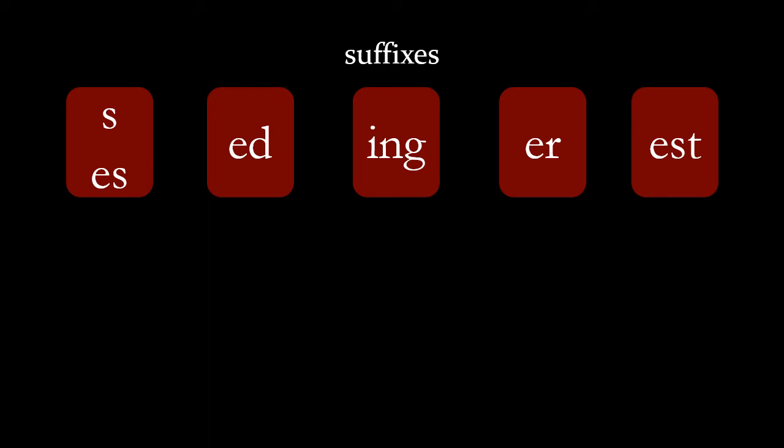And ER is also used to talk about a person who does something, like be a good listener. Oh, she's a great singer. Those are ER. And EST is used when we compare 3 or more things. Like, wow, that is the tallest building I have ever seen.